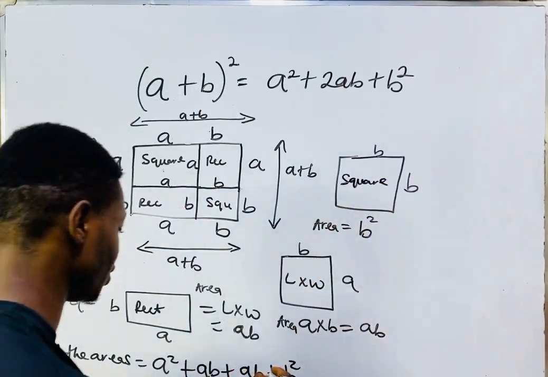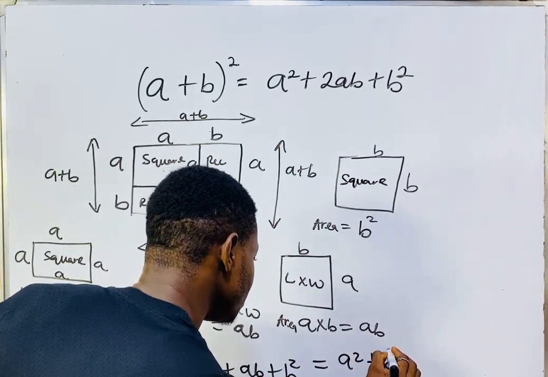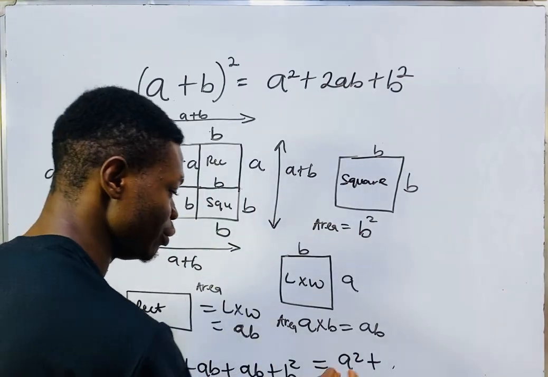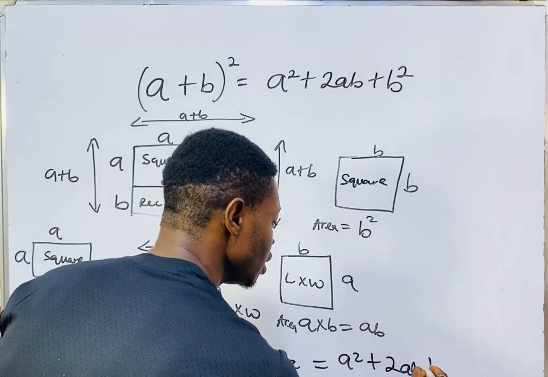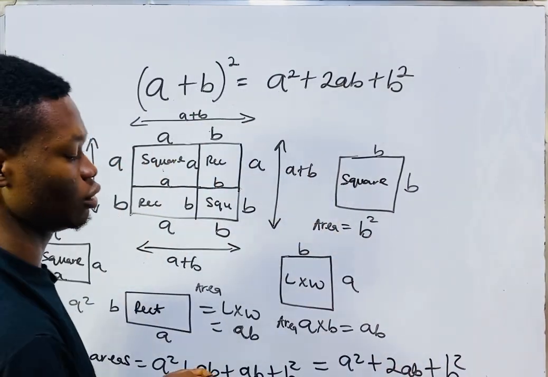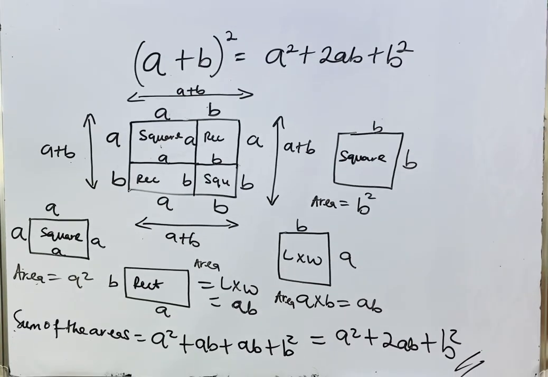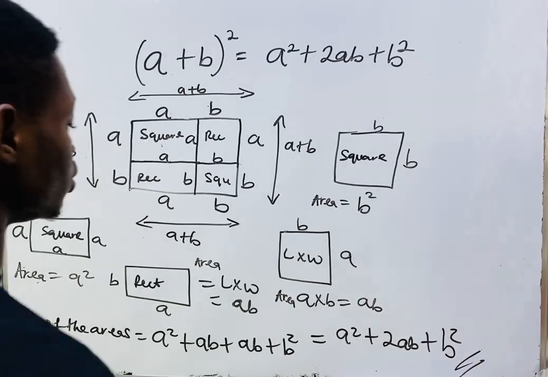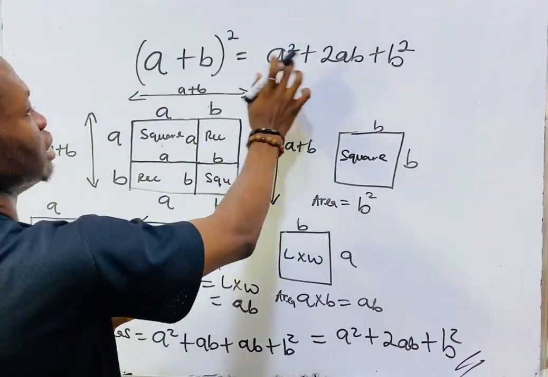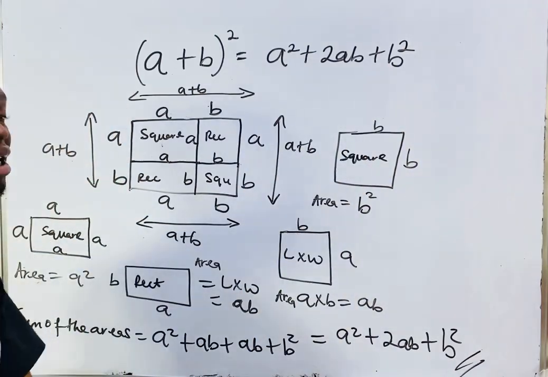So summing it up will give us a squared plus b squared. Ab plus ab will give us 2ab, then plus b squared. Proved. So do you see that (a plus b) squared is equal to a squared plus 2ab plus b squared?